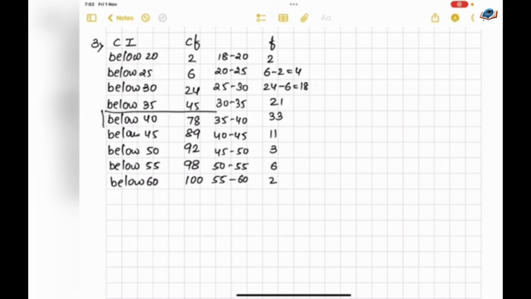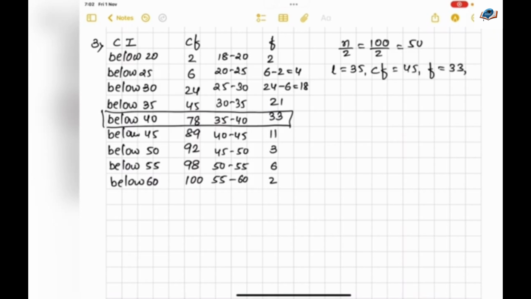Now if I see the maximum value is 33. So n by 2 is 100 by 2, so 50. So 50's value will come in the 35 to 40 group. So L equal to 35, CF equal to 45, F equal to 33, H equal to 5.